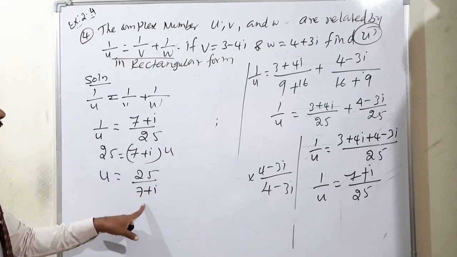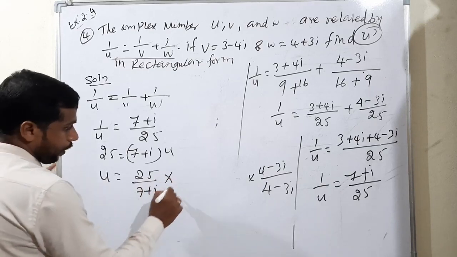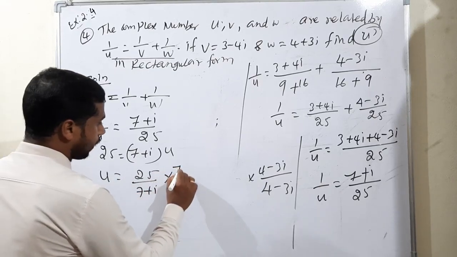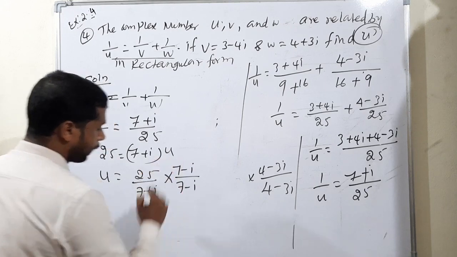This is also not in standard form, so we have to multiply both sides by the conjugate, (7 − i)/(7 − i).